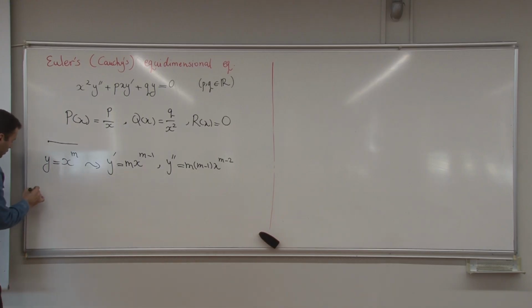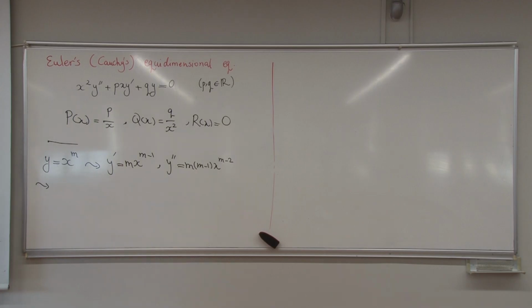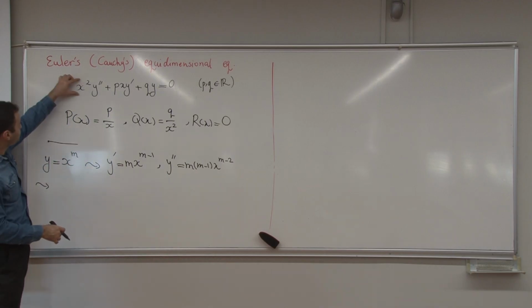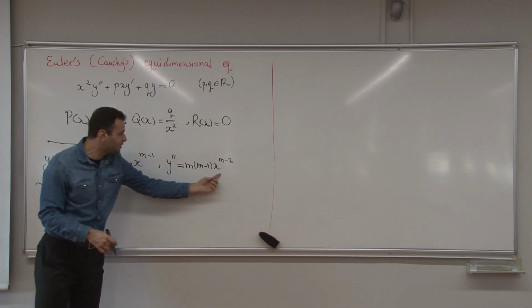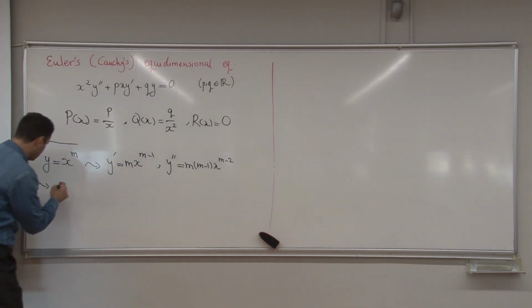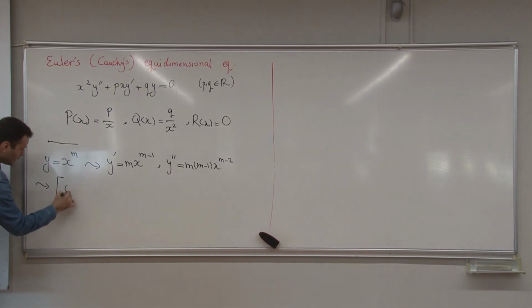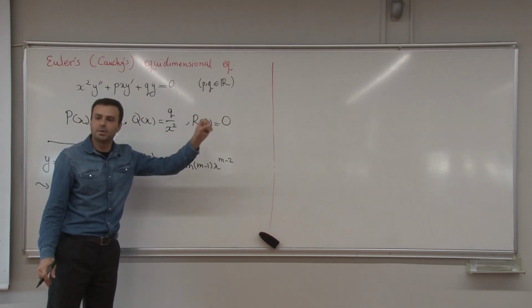Now, since this is a solution, let's put it inside the equation and see what happens. If you write x squared multiplied by the second derivative, I'm just going to have m minus 1, m multiplied by x to the power of m, right?